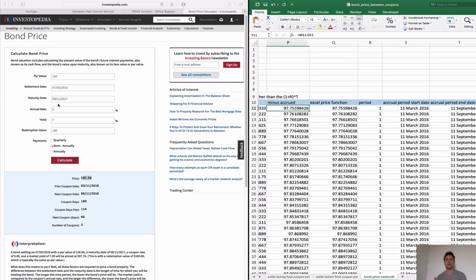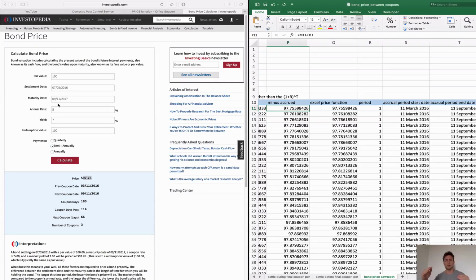It's already in the dirty price. When you discount the cash flows and find out how much that bond is worth, as you get closer and closer to the next coupon date, the next coupon is being discounted less, right? So the value of that first cash flow is approaching the amount of the coupon.